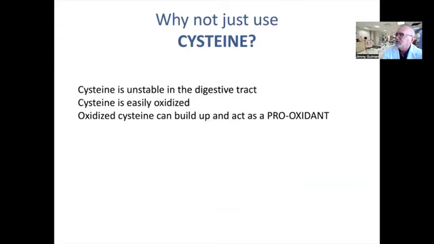Eating cysteine is not an effective way to raise glutathione. It is extremely unstable in your digestive tract and is easily oxidized. Not only is the oxidized form of cysteine a poor glutathione precursor, it also carries a certain toxicity. The buildup of oxidized cysteine can serve as a pro-oxidant and cause side effects, usually gastrointestinal distress.